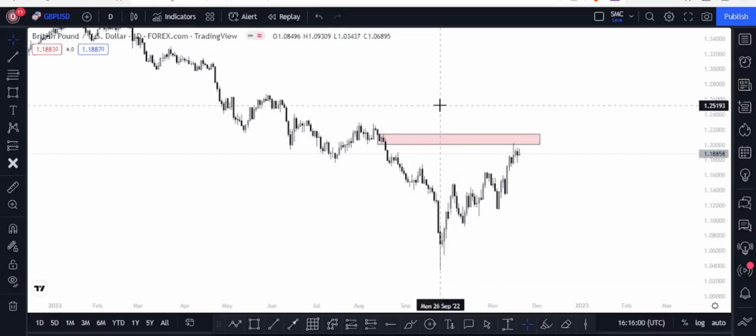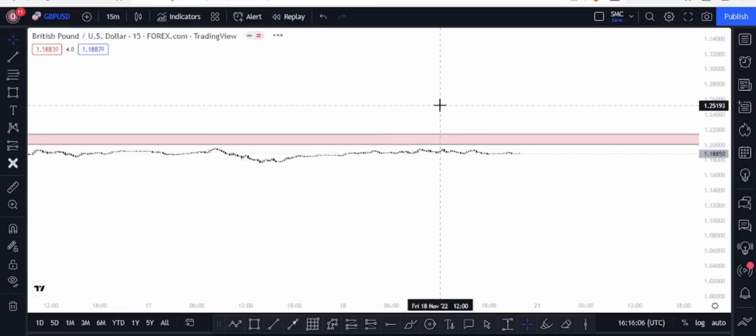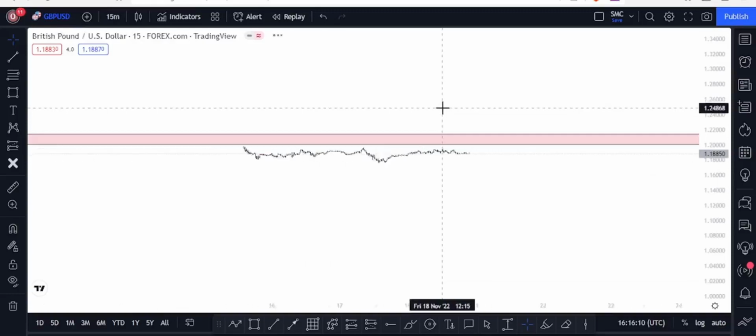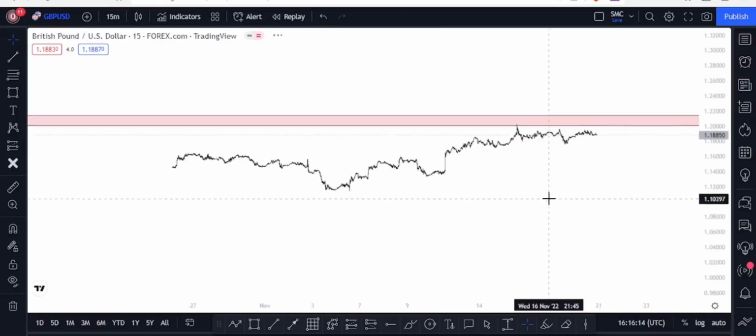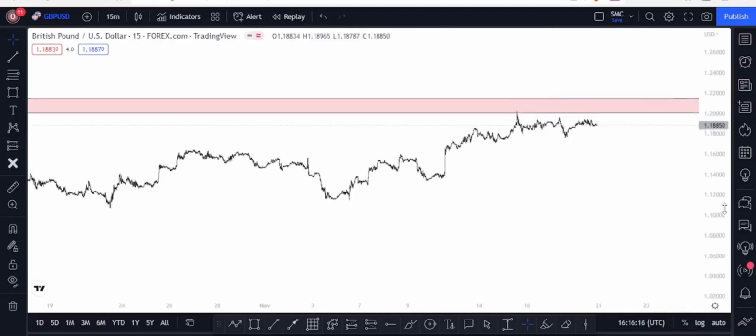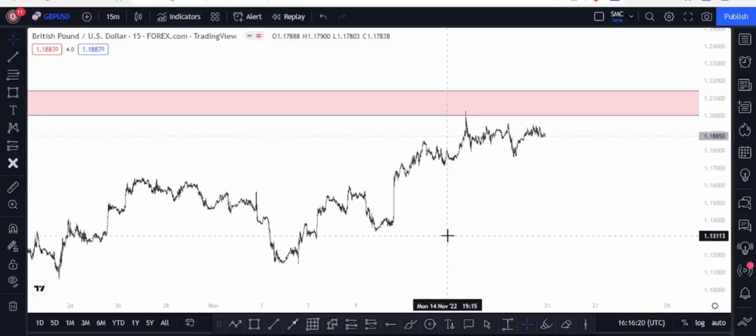Now if we quickly get to the 15M to see what price will do, or where price is on the 15M. You need to read your structure as the market is approaching your higher time frame point of interest.